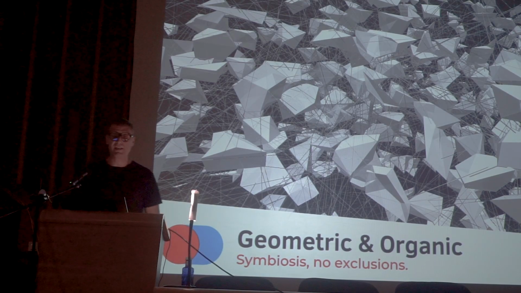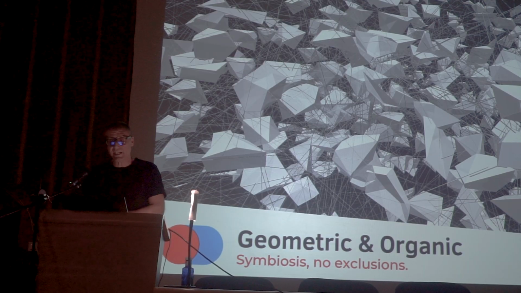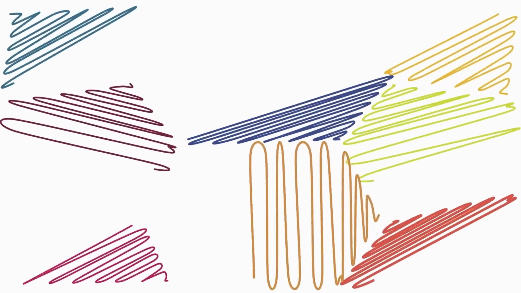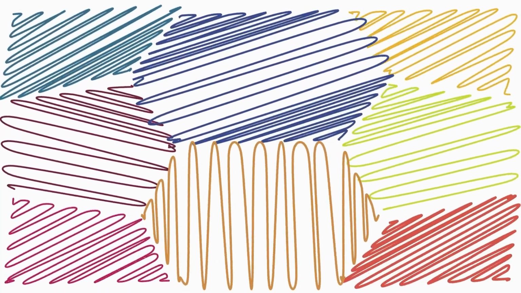And the other key element in my works is that it's not purely geometric or purely organic. I like to combine these things. So when my output is too geometric, I try to distort, I try to deform, or I fill the areas with scratches, animations.